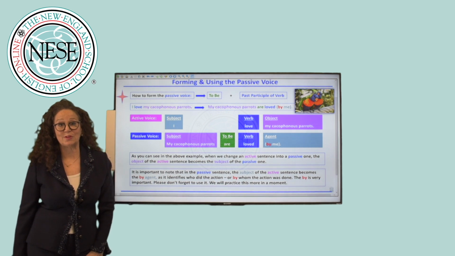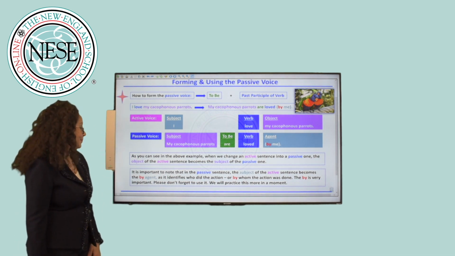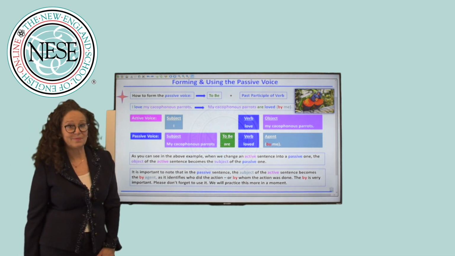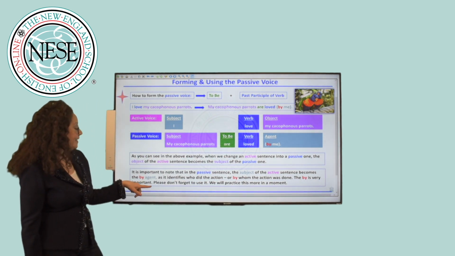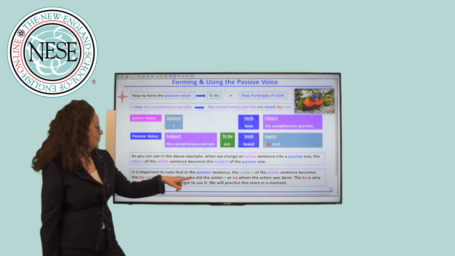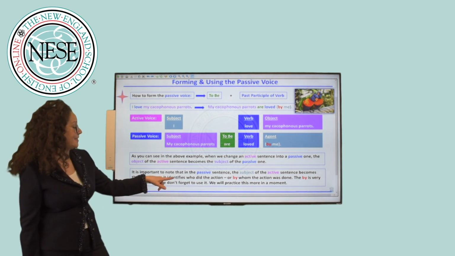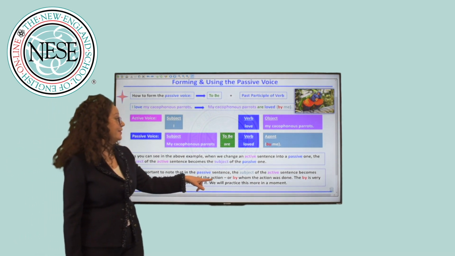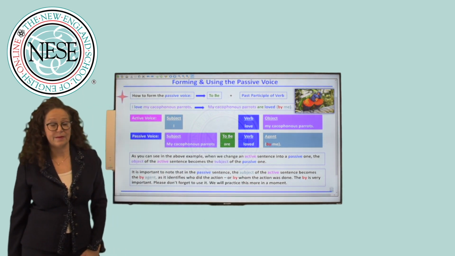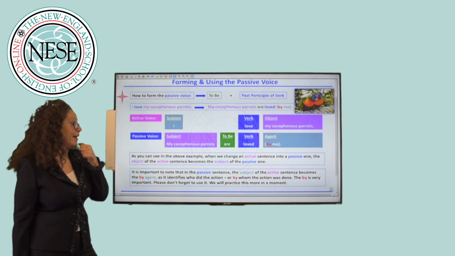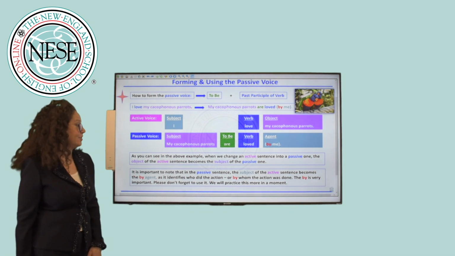And that's what we talked about. Do you see that? Becomes the by. Please don't forget to use it. As it identifies who did the action, I, me, or by whom the action was done.